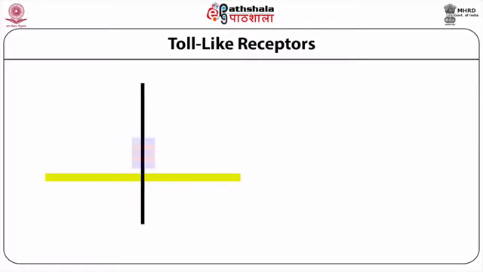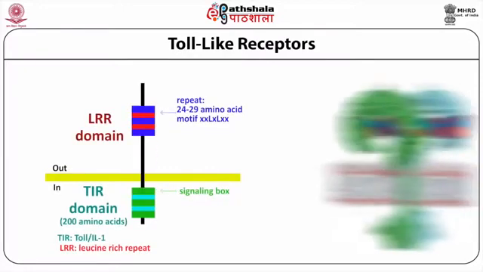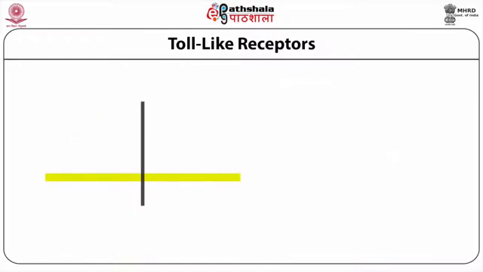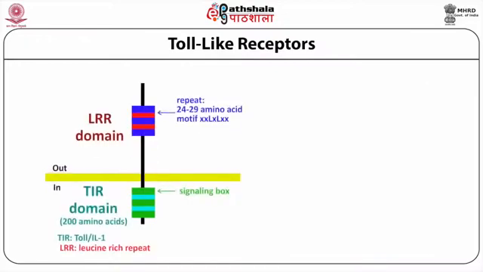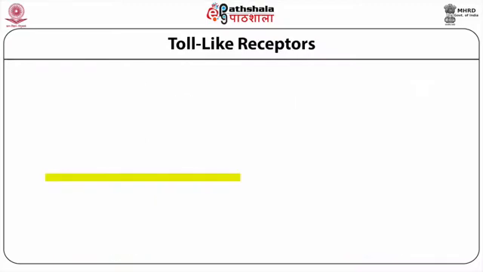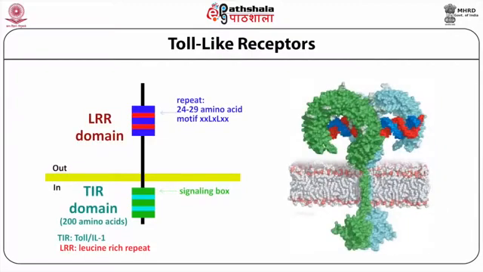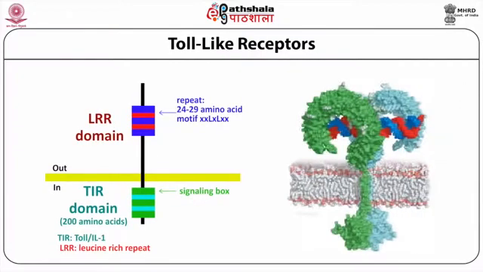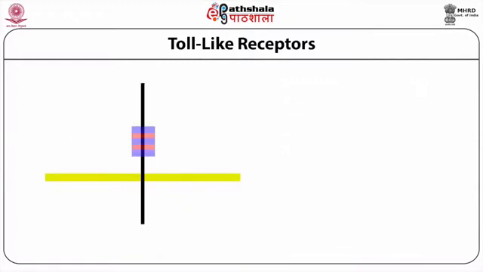Toll-like receptors are among the ancient receptors from the evolutionary perspective. That means as life evolved in early days, when the earlier organisms evolved and the immune system was developing, toll-like receptors were among the early molecules which evolved in that era.